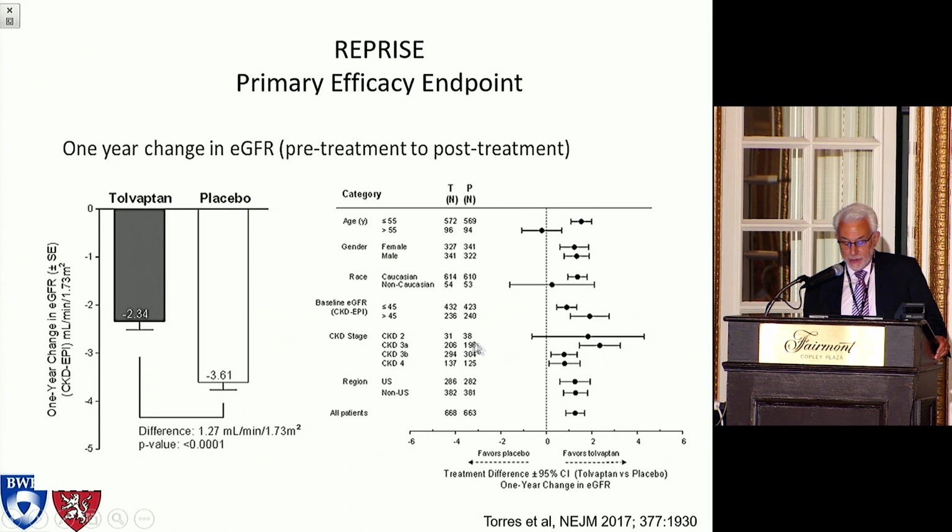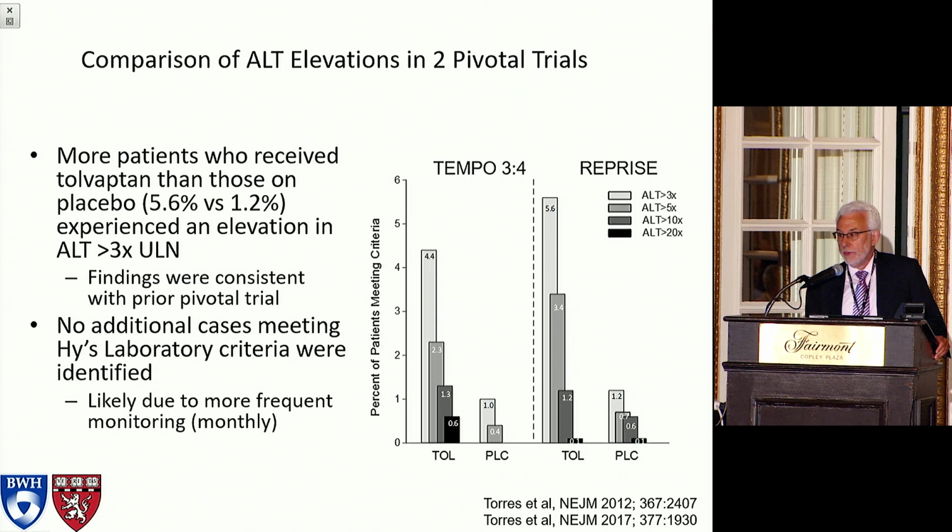Further, again, in the CKD2 individuals, small number of individuals, very wide error bars. So some of these individuals must have benefited. Recall that in the REPRISE trial, there was no assessment of total kidney volume. So if you're going to use tolvaptan in CKD2, you need to probably figure out whether or not they're at risk of rapid progression, especially if they have CKD2.